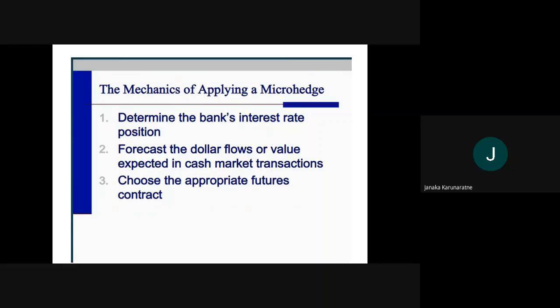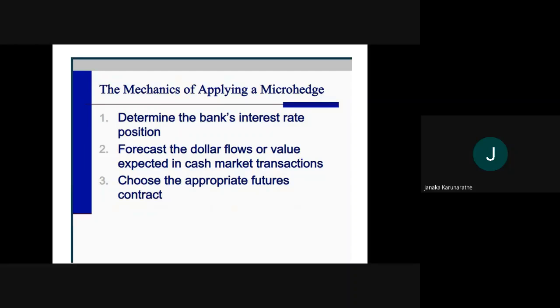The mechanics of applying a micro hedge: determine the bank's current interest rate position, and forecast the dollar flows or value expected in cash market transactions. Like the previous example, the particular bond we are going to sell, the current interest rates are 10%.